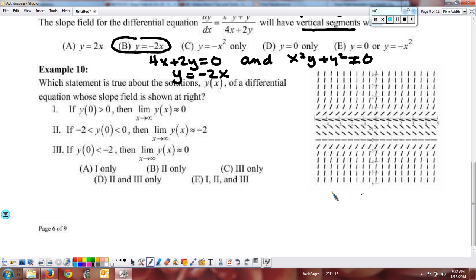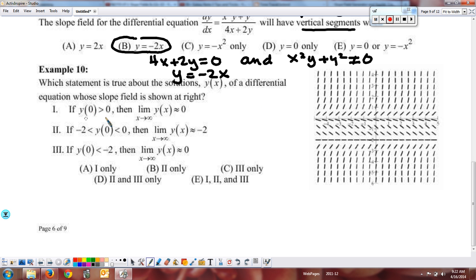Statements that are true, looking at example 10. We're talking about statements true about the solution of a differential equation whose slope field is shown here at the right. It says if your x is greater than 0, or if your x is 0 and your y is greater than 0.